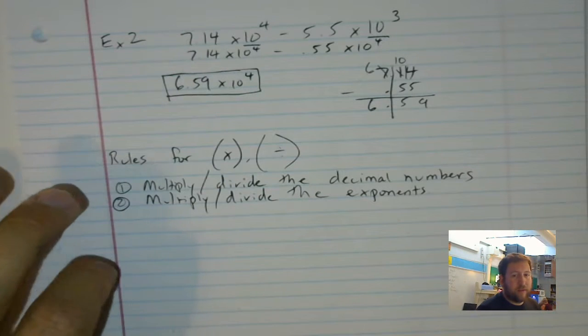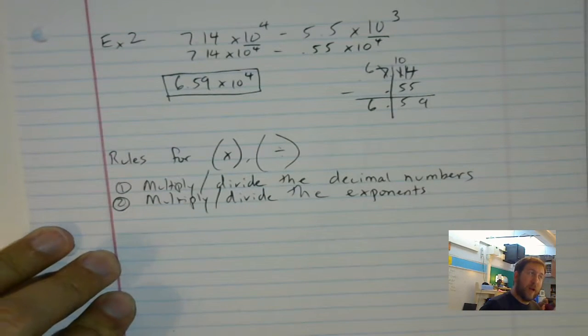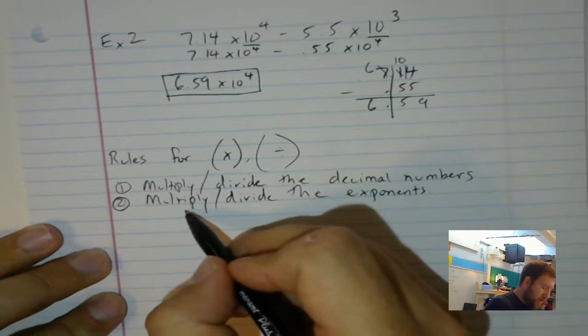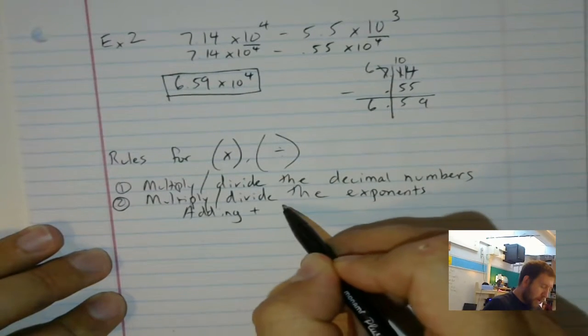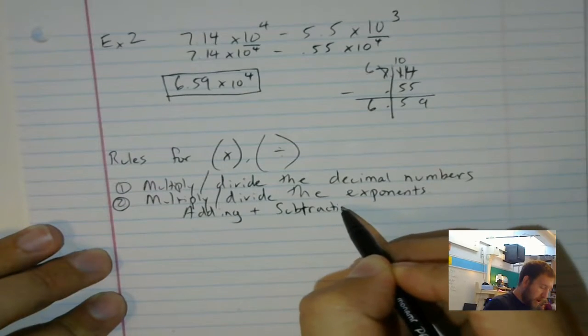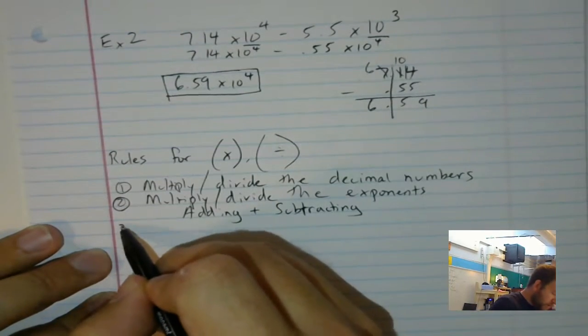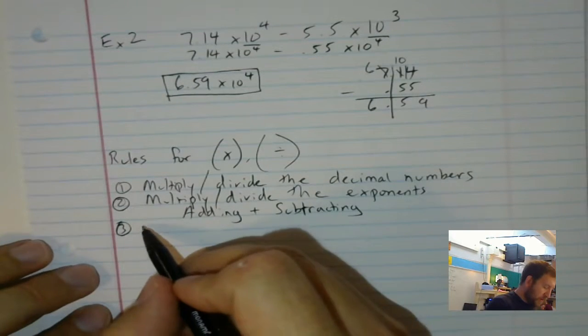And for this one, we're going to have to remember that to multiply or divide exponents, we add or subtract them. So remember, it's adding and subtracting. And for number 3, our last step is we may need to reconvert to scientific notation.